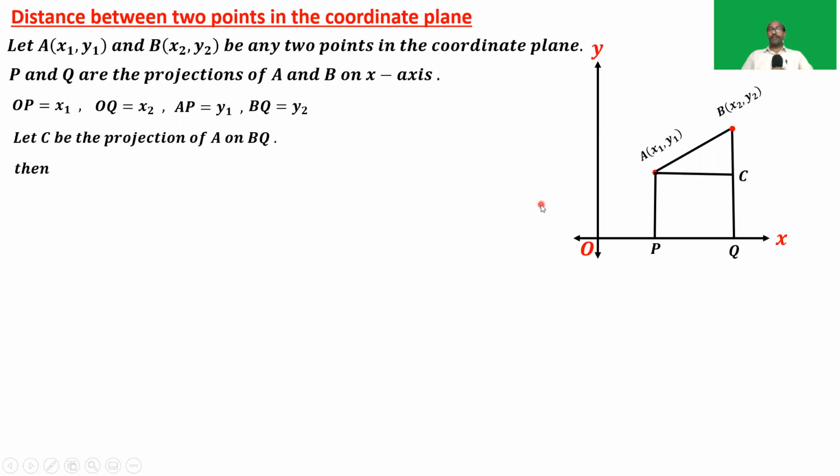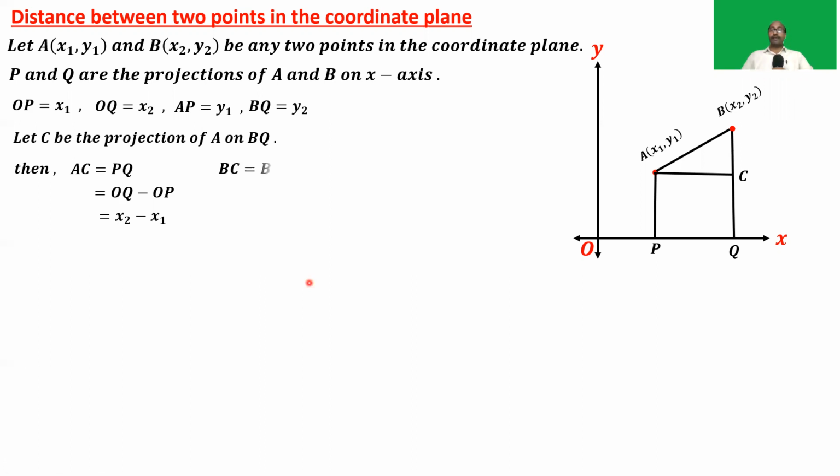Now, the distance AC is equal to PQ and the length of PQ is equal to OQ minus OP. But already we have OQ is equal to x2 and OP is equal to x1. So that AC is equal to x2 minus x1.